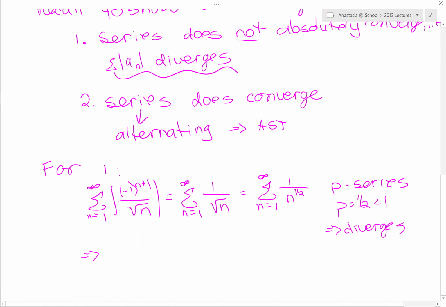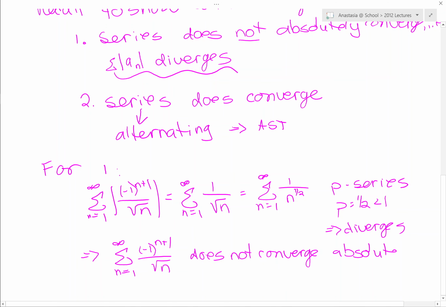This means that the original series, the sum from n equals 1 to infinity of negative 1 to the n plus 1 over the square root of n, does not converge absolutely.